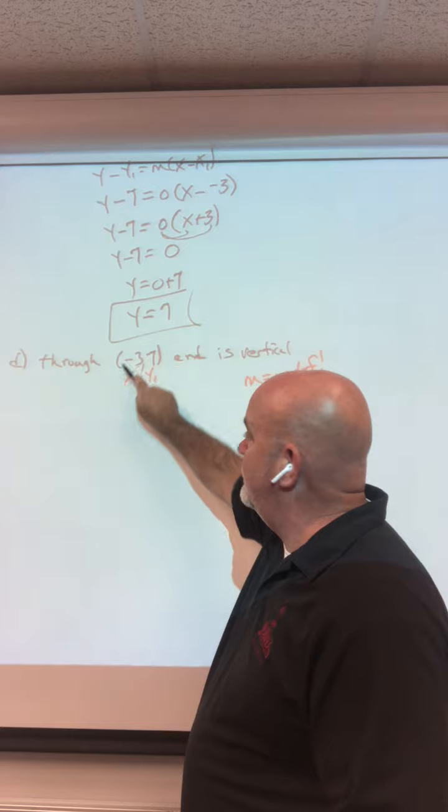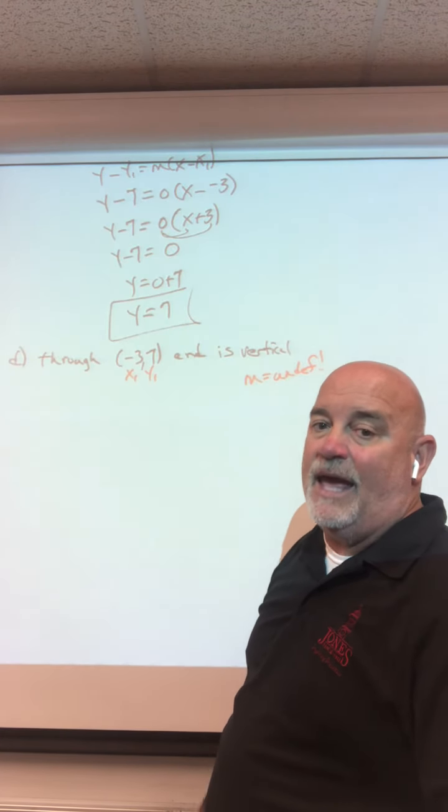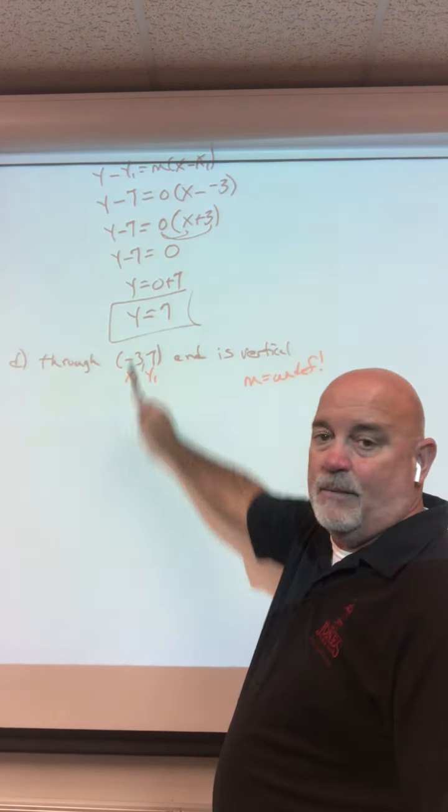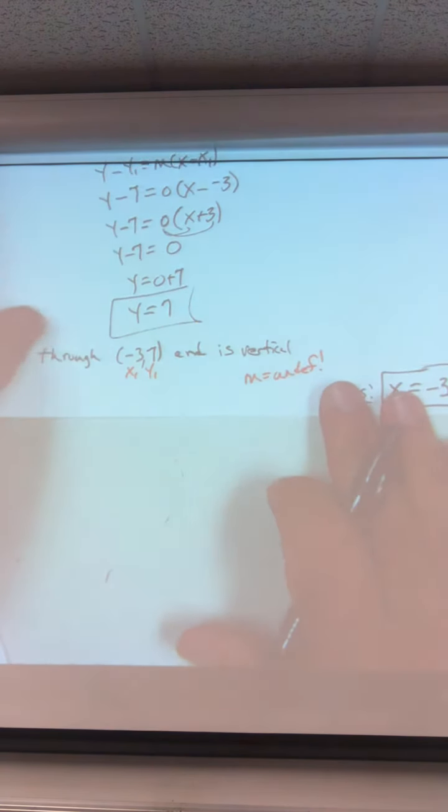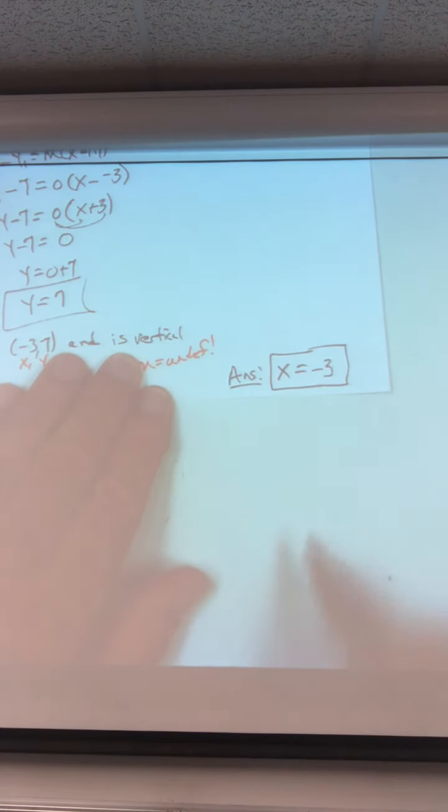It's this. So the answer to this will be x equals that number right there. So your equation will be x equals -3. Just an x and no y. Okay?